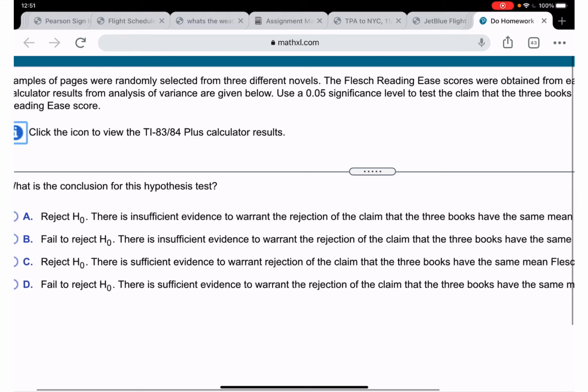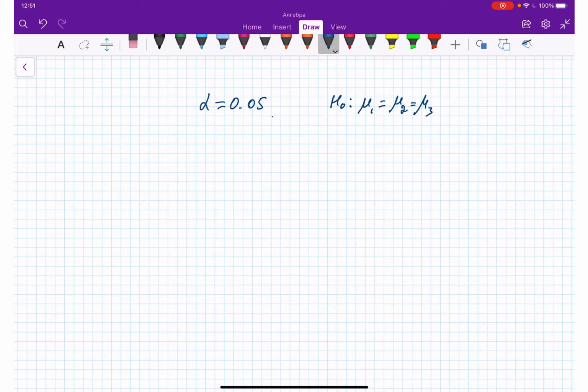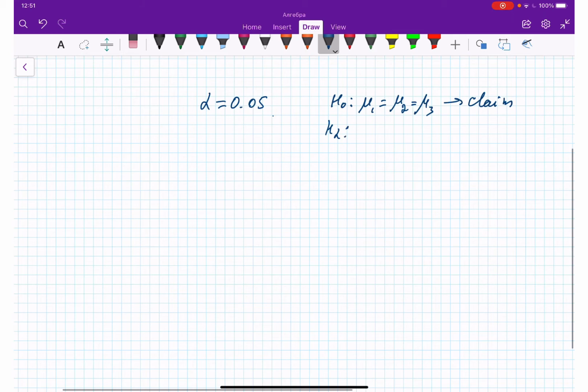Okay, so our claim, since there are 3, is mu1 equals mu2 equals mu3. Accordingly, the alternative hypothesis is that at least one of the means differs.